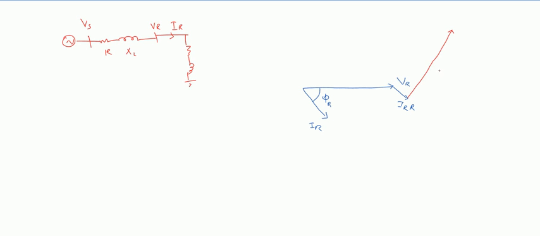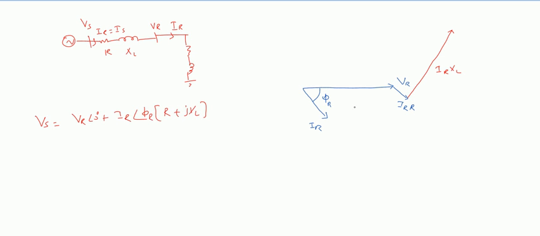So this will be IR XL. As you see, this is a short transmission line, so IR and IS are both equal. Vs is nothing but VR angle 0 plus IR angle phi r multiplied with (R plus jXL).